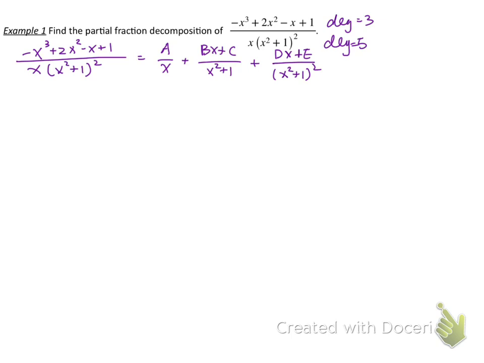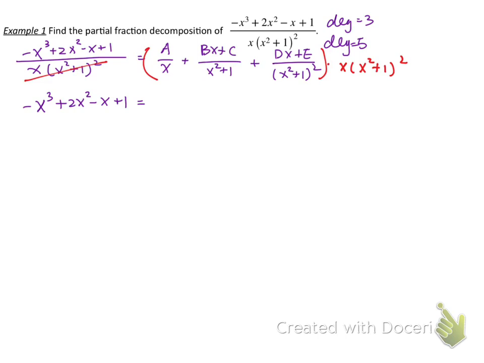Then I clear the denominator, so I'm going to multiply on both sides by x times x squared plus 1, squared. I'm getting negative x cubed plus 2x squared minus x plus 1, which is the numerator, equals the following.